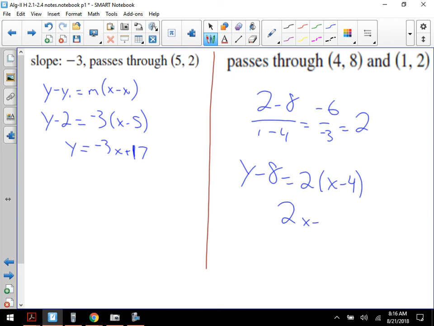Minus 8 plus 8 would be 0. And also, you can always check it real quick because what's 2 times 1? 2. What's 4 times 2? So 2, 4, 6, 8.